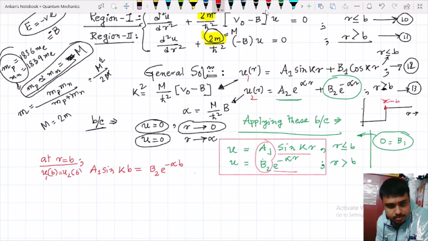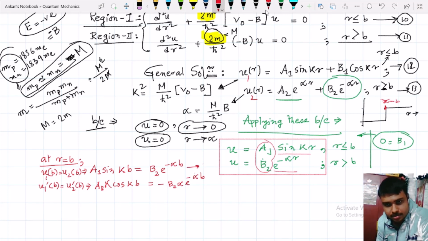Similarly, the first order derivative should also be continuous. So applying this first order derivative, we get k a1 cos kb equal to minus b2 alpha e to the power minus alpha b. Name these equations 14 and 15.